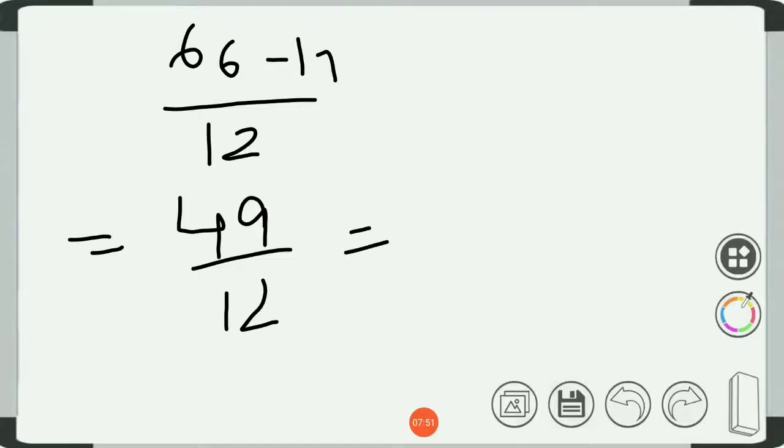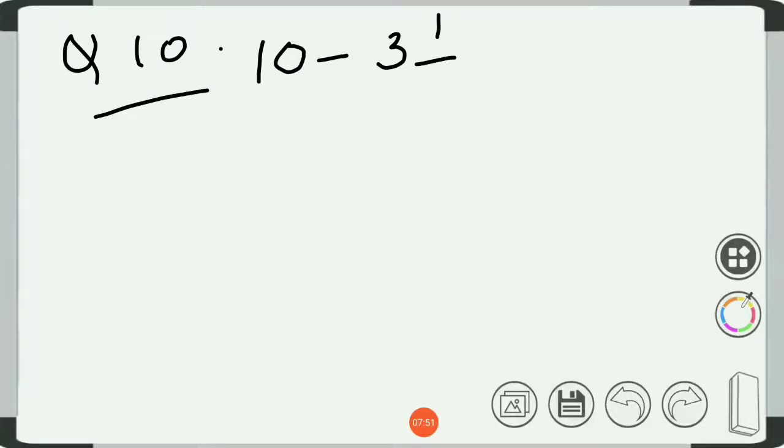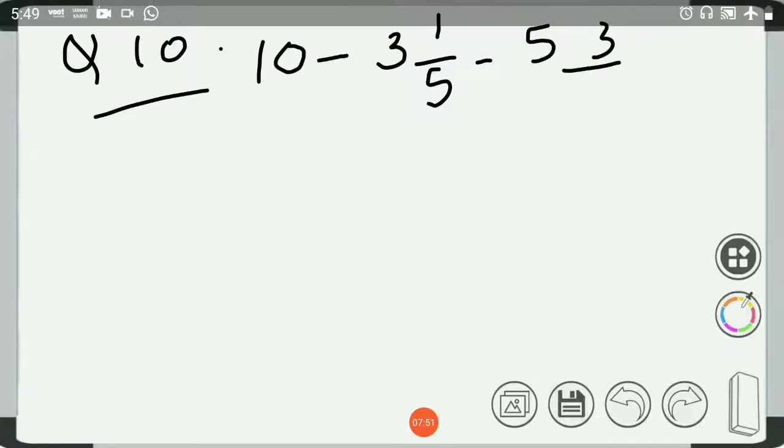You can also write it as 4 1 by 12, the answer in mixed fraction. You can also write 49 upon 12 or 4 1 by 12. Both answers are correct. Now question number 10, which is 10 minus 3 1 by 5 minus 5 3 by 10.